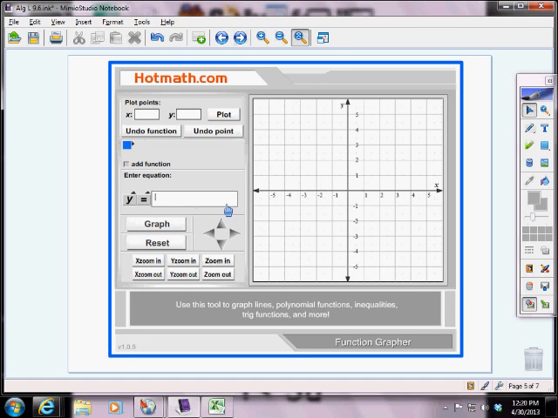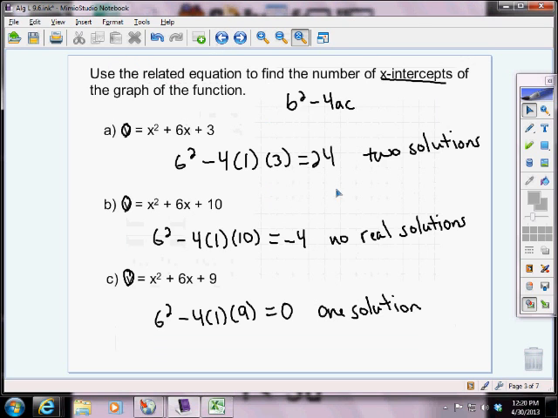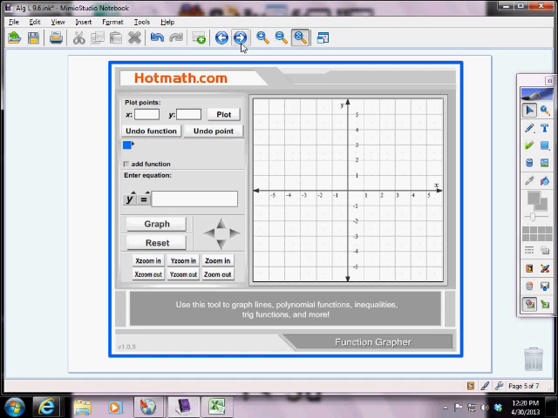My first equation was x squared, so x raised to the second, plus 6 times x plus 3. Now, before I click the graph button, remember we anticipate that there's going to be 2 solutions. So when I hit, oops, and there it's gone. Let me type that in again, sorry.